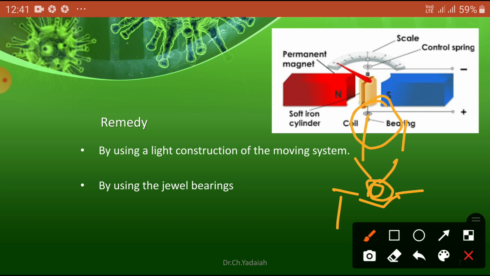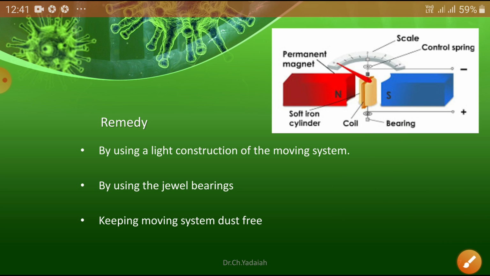These are the three remedies to reduce friction losses: using light weight construction of the moving system, using jewel bearings, and keeping the moving system in a dust free case.